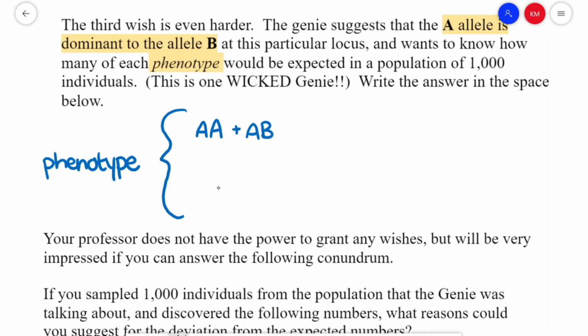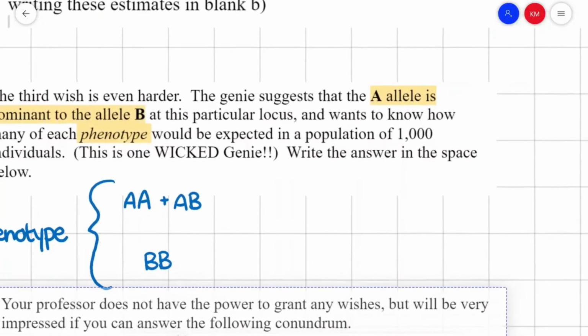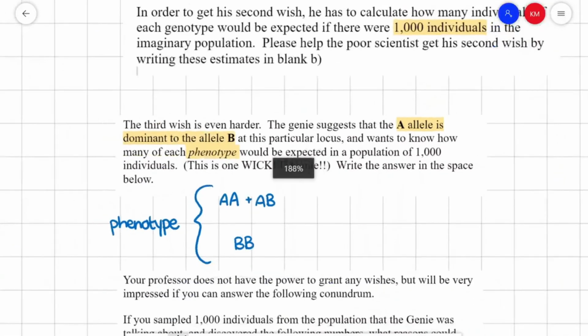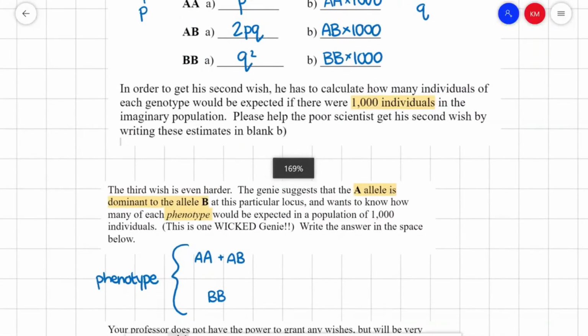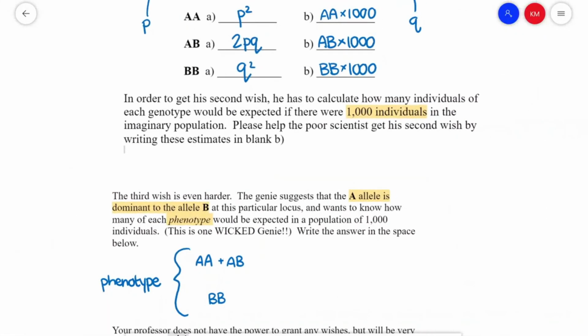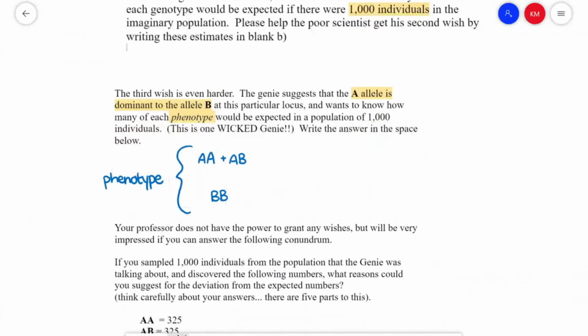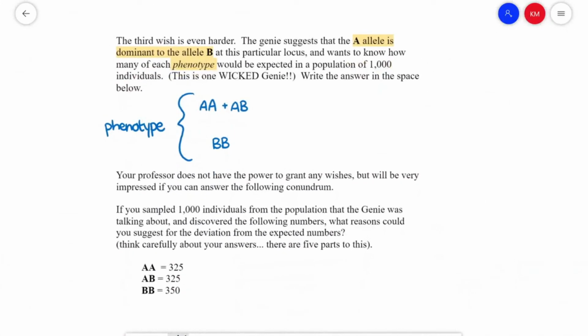And then the other phenotype we have was BB. So whatever numbers you get from this previous problem, the numbers that you get in part B, you're just going to add those up. Okay, so that's all you have to do for that part. And you might get some decimals in those answers, which is okay.